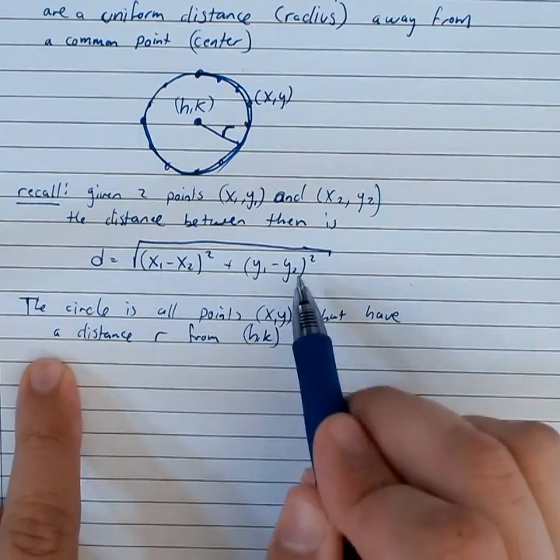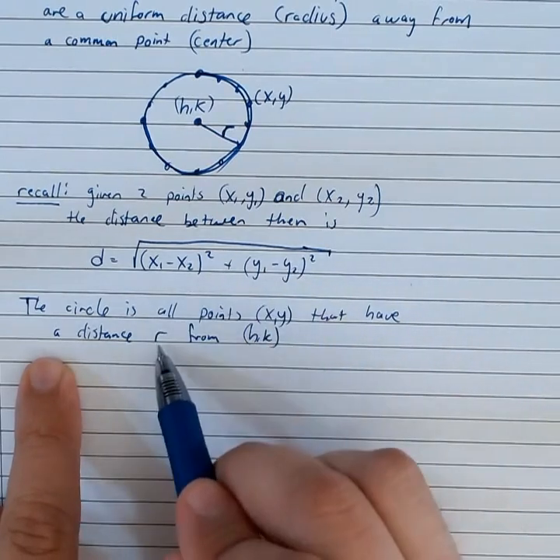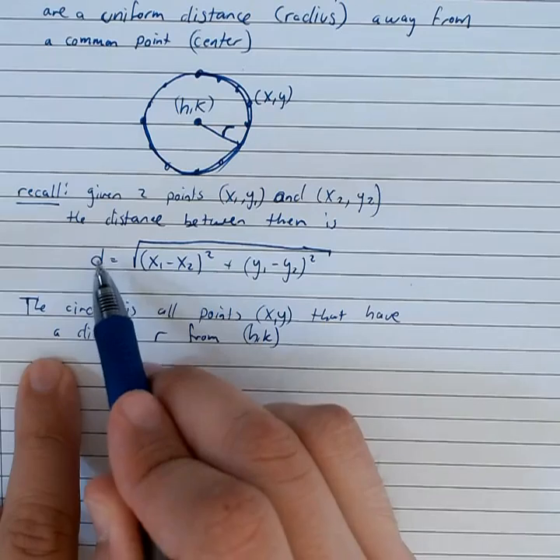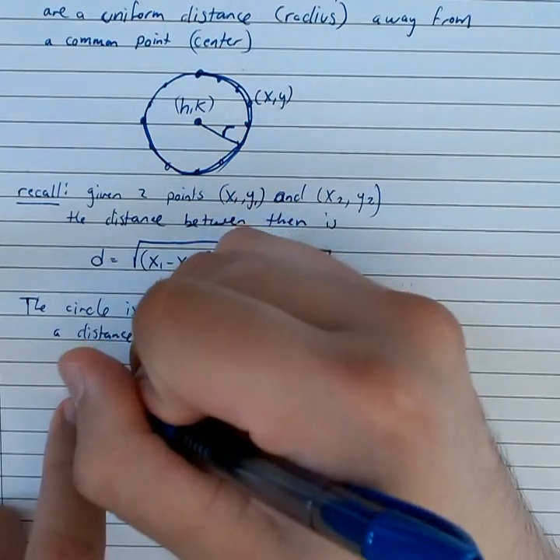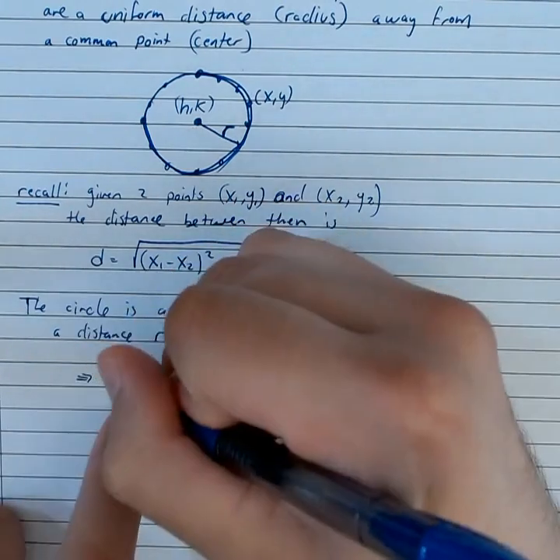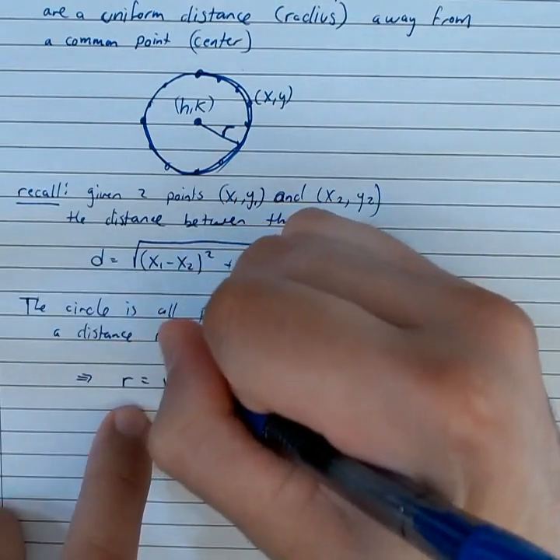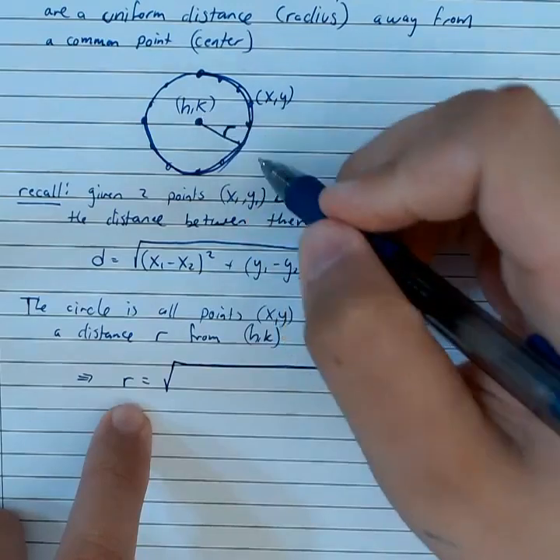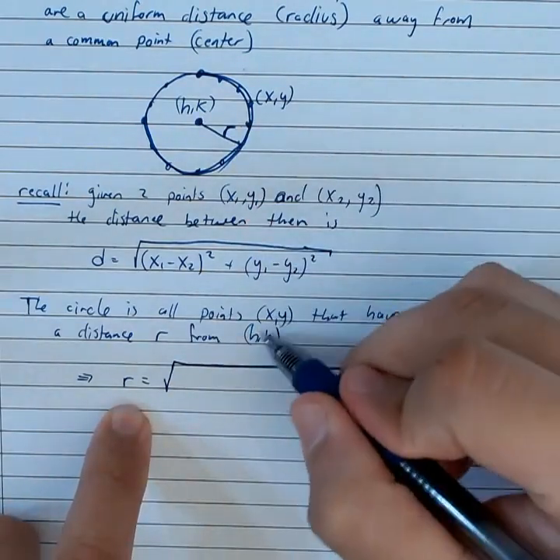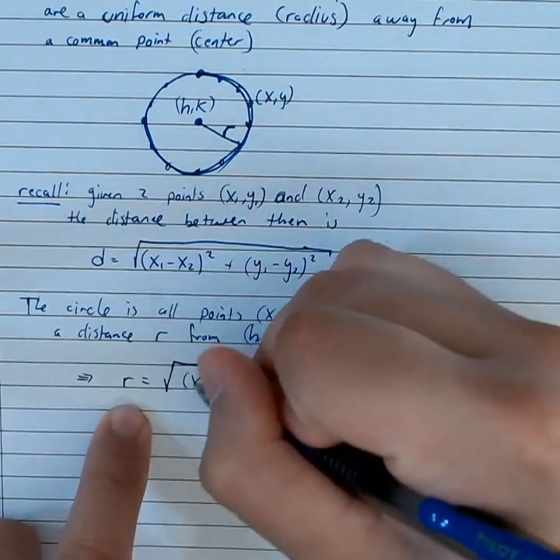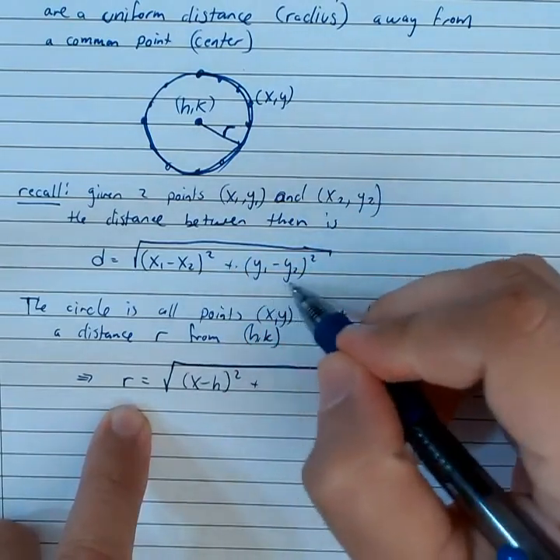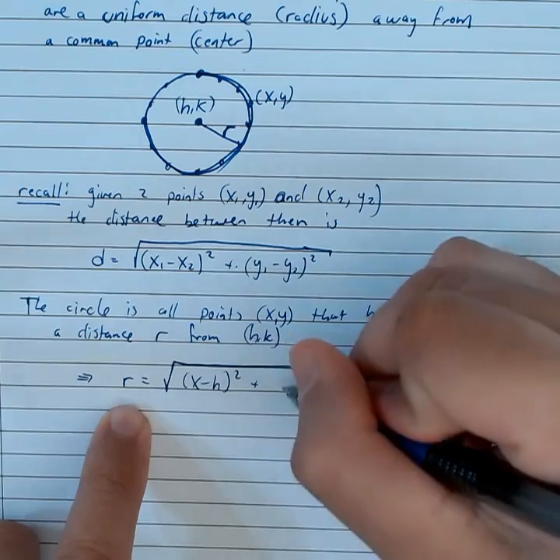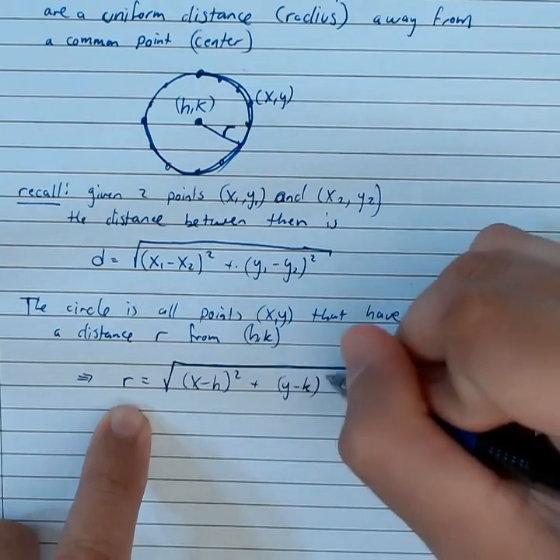And if I subtract these two, that can go there. And since my distance is R, R can replace that value of D. So I can describe my circle by saying R, that distance from the center to the outside, is equal to the square root of X minus H quantity squared, plus Y minus K quantity squared.